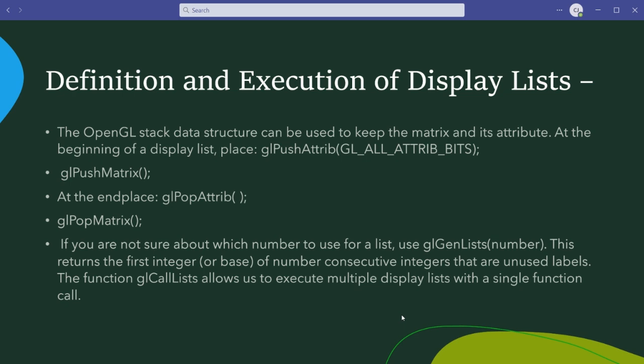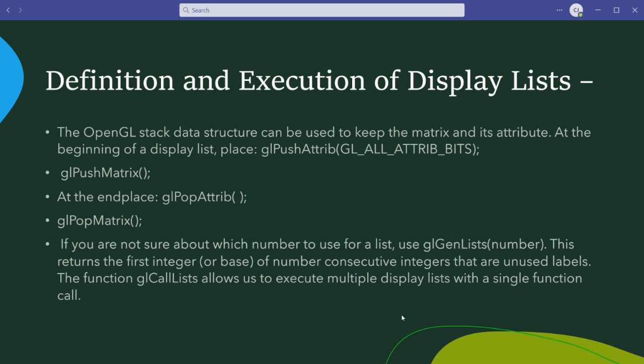So I'm going to create a stack which will follow last in first out, and I'm going to push all the attribute bits inside that. I'm going to push the matrix into the stack of matrices using glPushMatrix. After the execution, I'm going to pop those attributes using the function glPopAttrib, and then I'm going to pop the matrix from the stack of matrices using glPopMatrix.